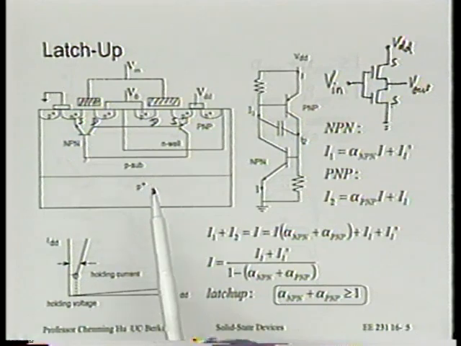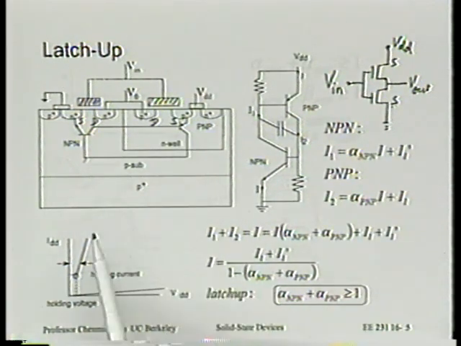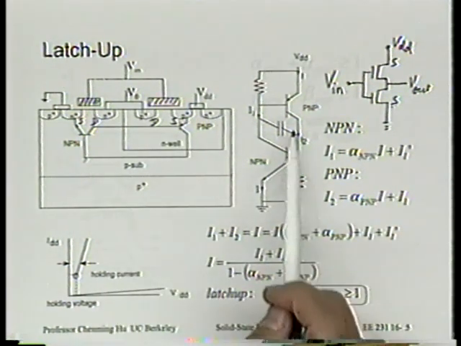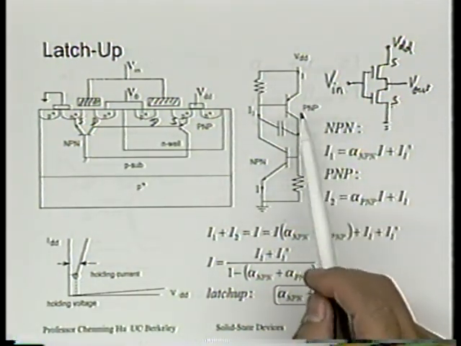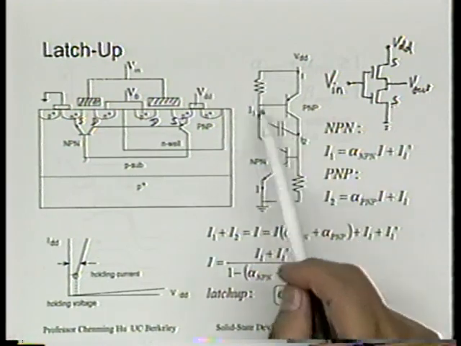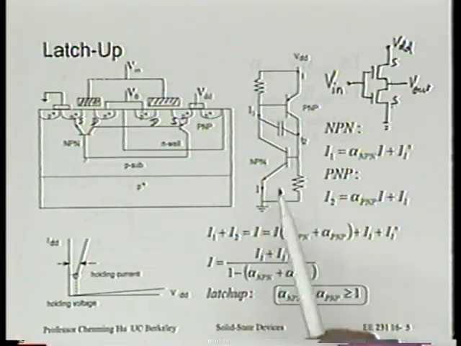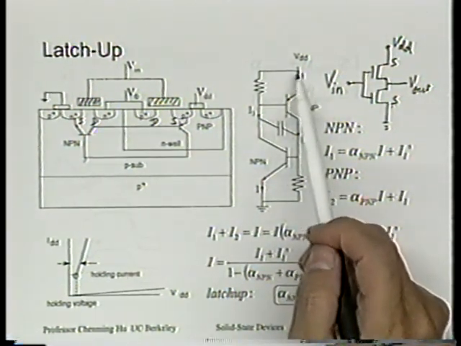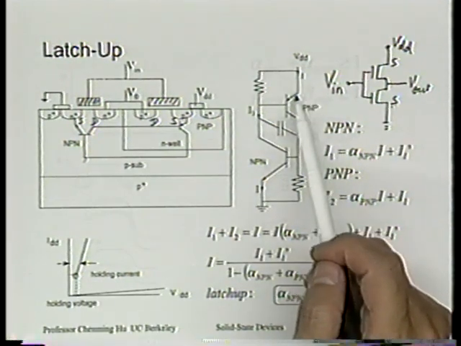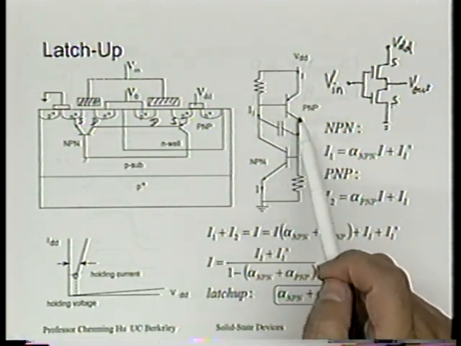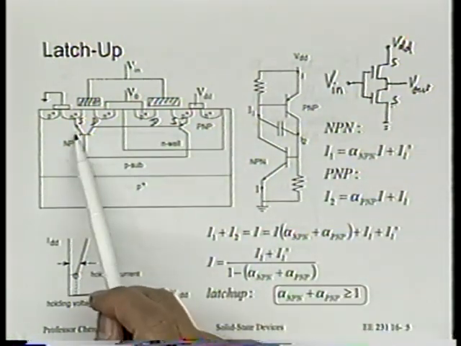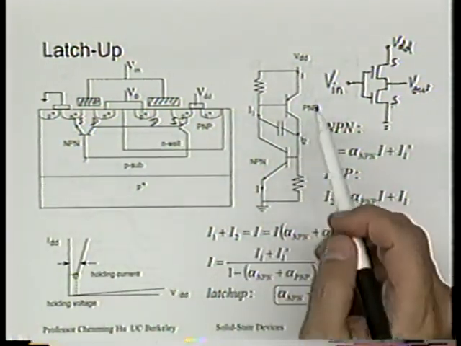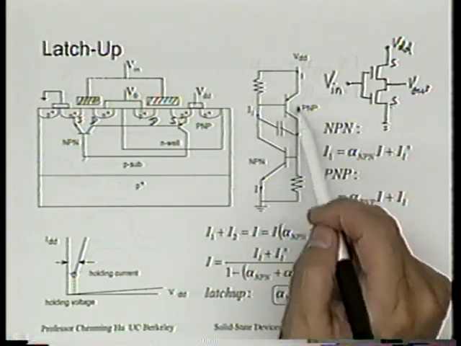And when we look at how these two bipolar transistors are connected, this is what we find. Again, let's just look at the basic bipolar transistors. Don't look at these other things that we'll add on later. Only two bipolar transistors. We have an NPN transistor, and this is a PNP transistor.